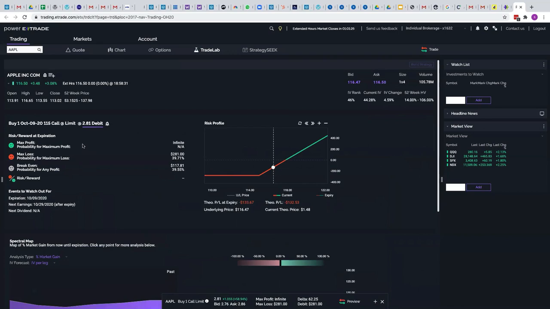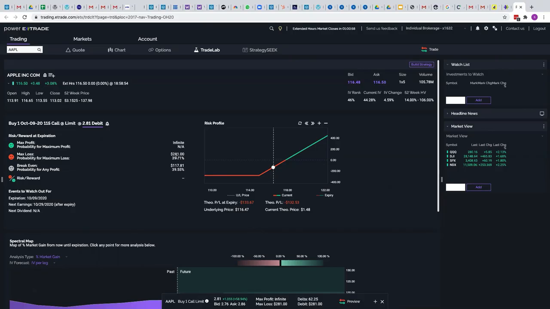Now what happens here? You see here, when I buy an October 9 115 call for a 2.81 limit, the probability for maximum profit is infinite. Why? If the price increases above 115 and stays above it, and then goes to 130 or 140, all that profit is there for me to take. But what is the max loss? The max loss is only $281.